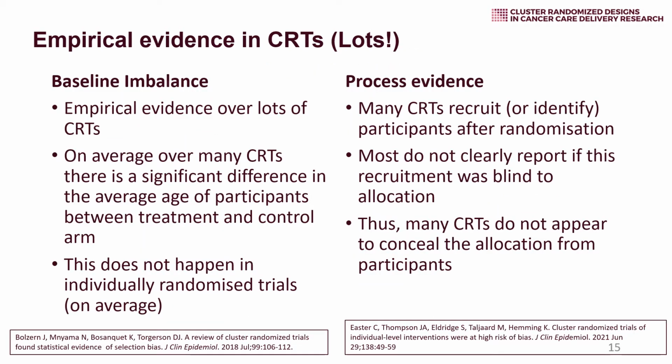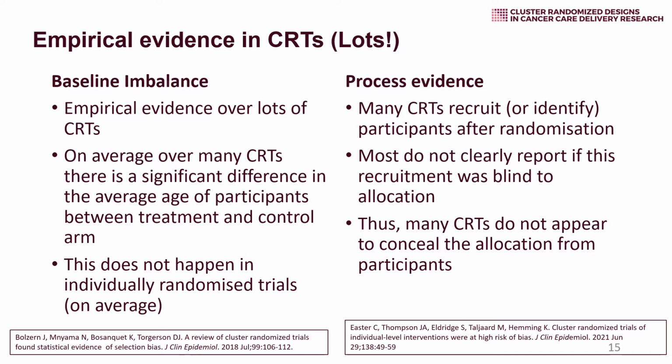But nonetheless, there is lots of empirical evidence that this type of bias really does manifest in cluster randomized trials. So first of all, when we look at baseline imbalance across lots of cluster randomized trials together, so not just one cluster trial, but we take many cluster trials and we compare the characteristics that are routinely measured in many cluster trials, it has been demonstrated that there are significant differences in the average age of participants between treatment and control conditions.